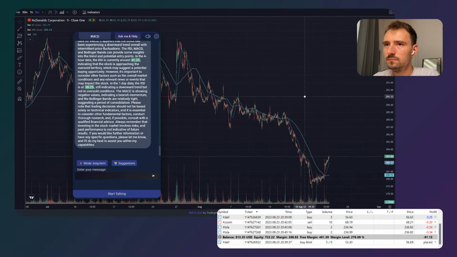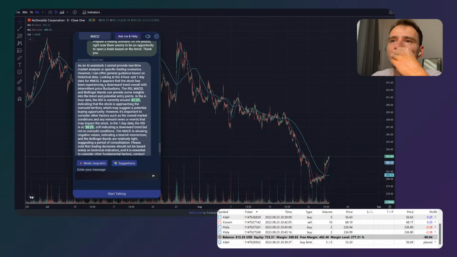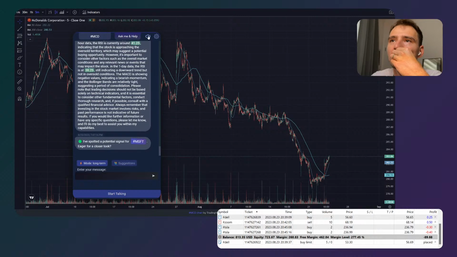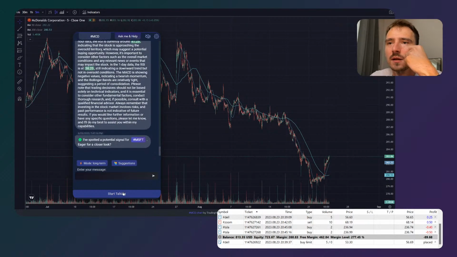However, it's important to consider other factors such as the overall market conditions and any relevant news or events that may impact the stock. Okay, there's plenty of signals right now, so let's deal with this. So in short, would you rather recommend longing this or selling shorting this?